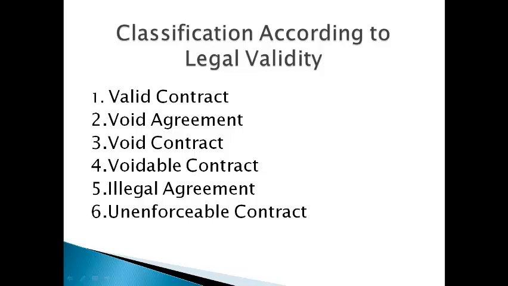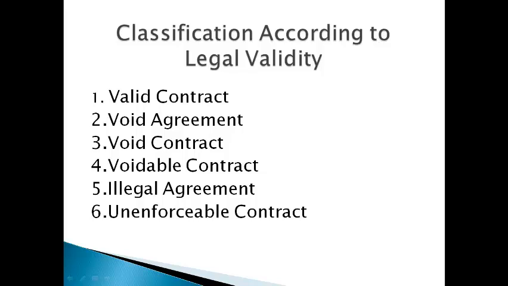Next one, voidable contract. An agreement which is enforceable by law at the option of one or more of the parties thereto, but not at the option of the other or others, is a voidable contract. Such a contract is voidable at the option of the aggrieved party, the party whose consent was so caused.